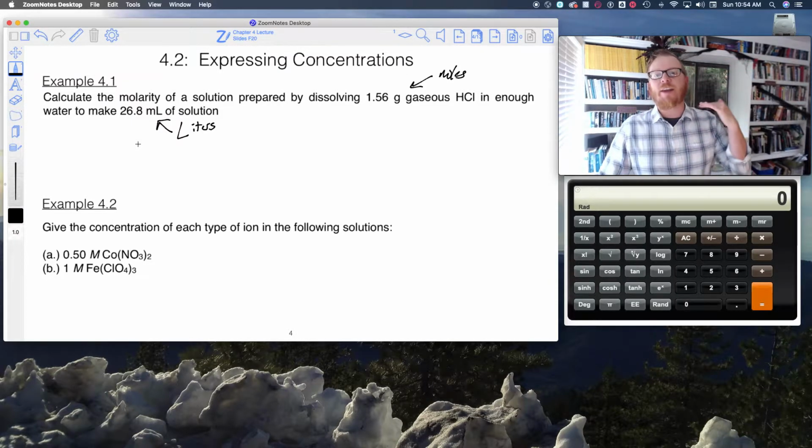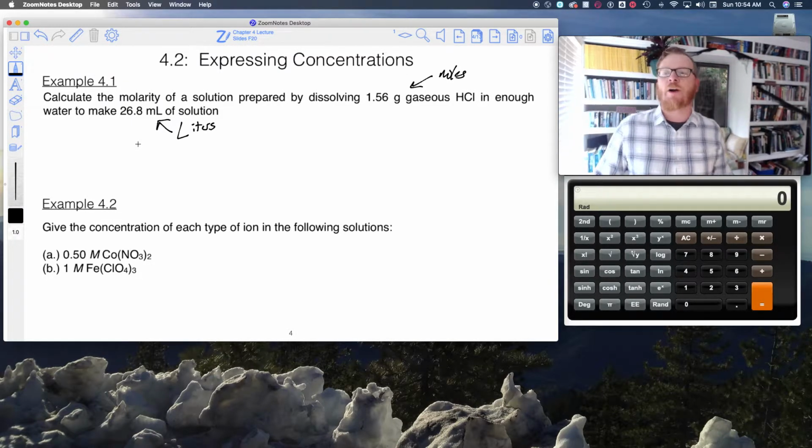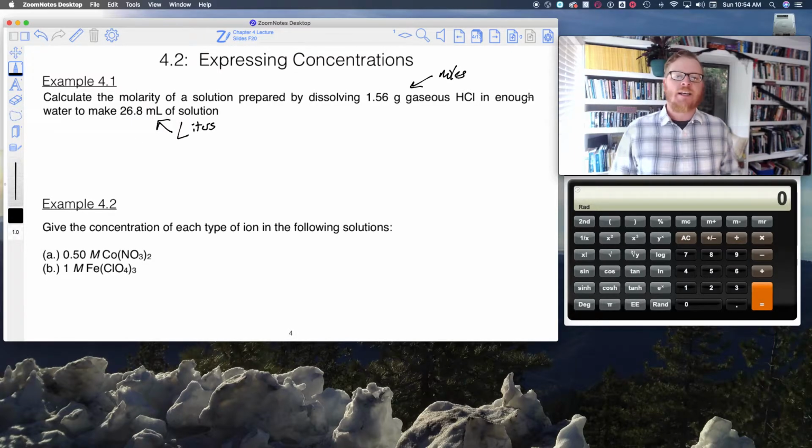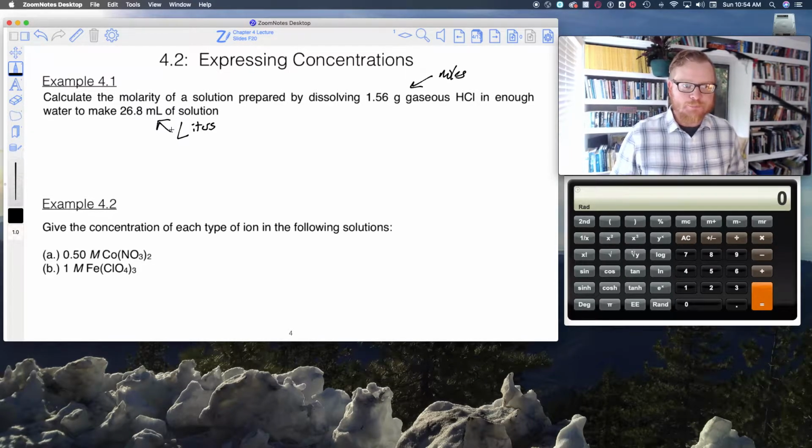So we have to be very careful when we're talking about the volume of our solution. Does that volume already contain the dissolved solute or does it not? The wording, in enough water to make 26.8 mL of solution, implies that the solute has been added. So 26.8 milliliters is the volume of our solution.